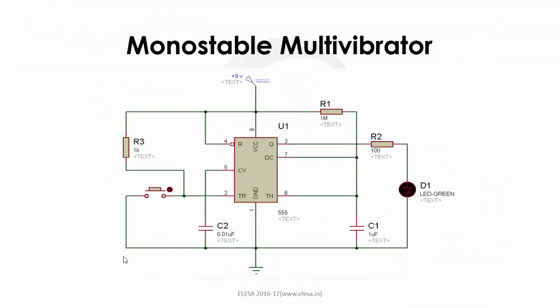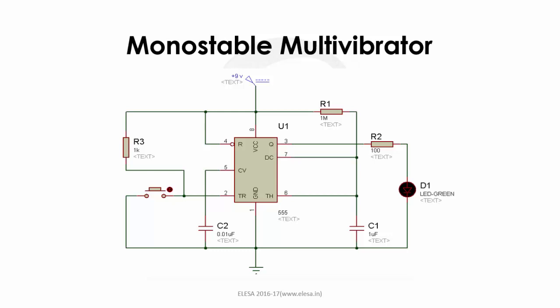Now, monostable multivibrator. This is a circuit for monostable multivibrator. It is a retriggerable one-shot pulse generator. The name monostable itself indicates that it has only one stable state. The unstable state which it enters on triggering is called the quasi-stable state.